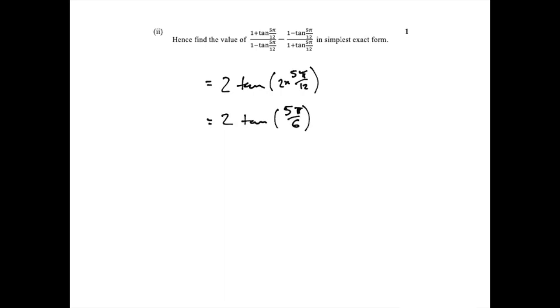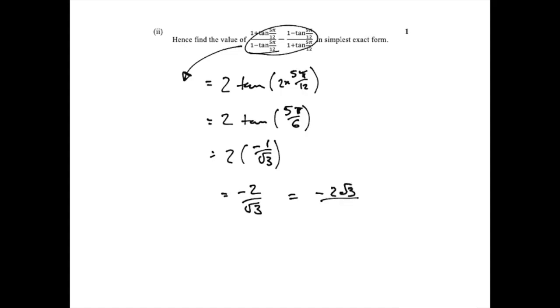Tan 5 pi on 6, well 5 pi on 6 is in the second quadrant, tan is negative, so it's 2 lots of negative 1 on root 3, so that is negative 2 on root 3, or negative 2 root 3 on 3.